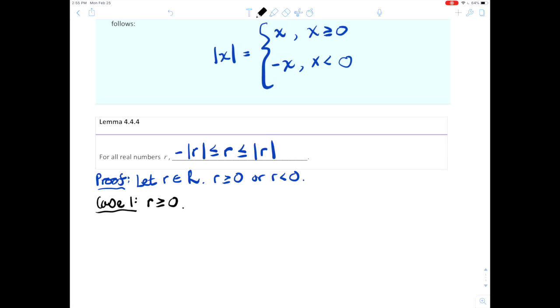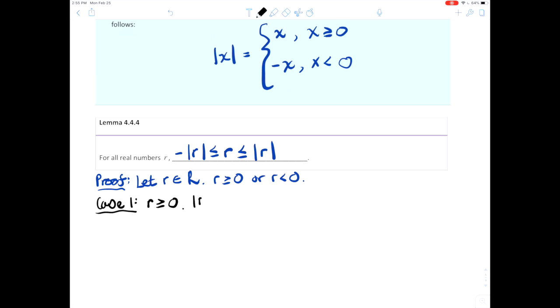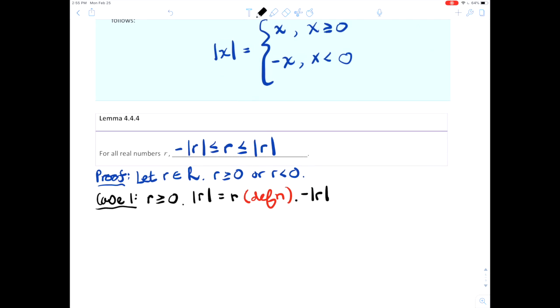So r is greater than or equal to 0. And what does that mean? Well, by definition, absolute r is just going to be r, and let's see what else we have going on. So you've got a positive number for r. So wouldn't that imply that negative absolute r would equal negative r, right? Because r is positive. So we'll just write negative r.